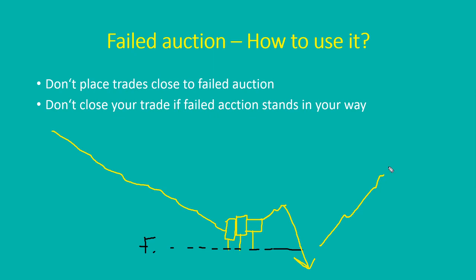So if there's an uptrend, then there is a failed auction at the top, a little pullback, then don't quit your position there because of the pullback. It's very likely that the failed auction will get tested, that the price will go above it. So hold on to your trade and wait until it tests above this failed auction.